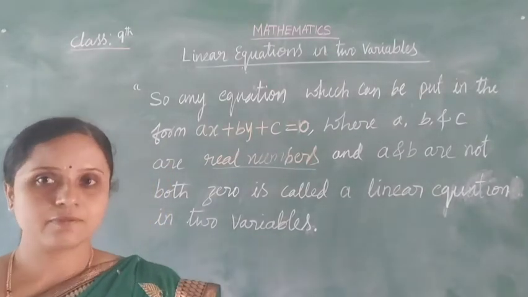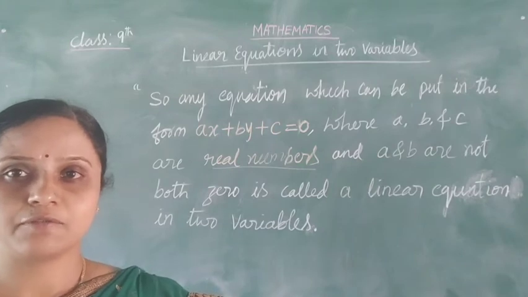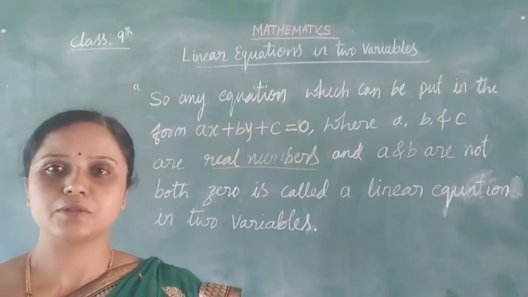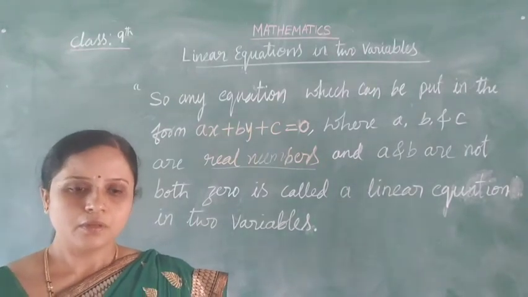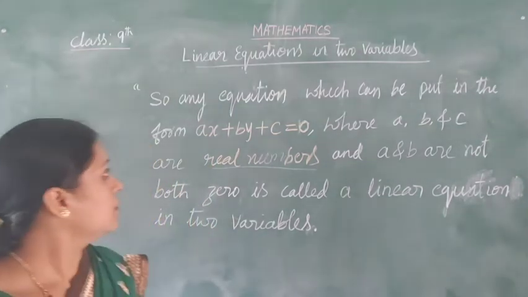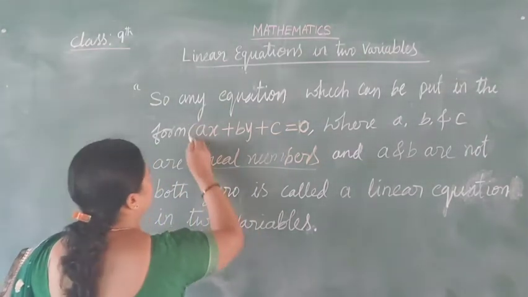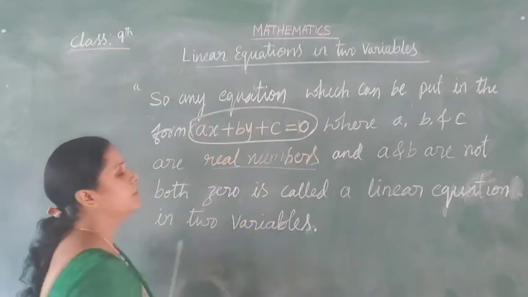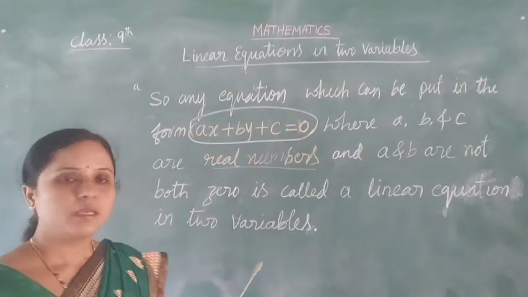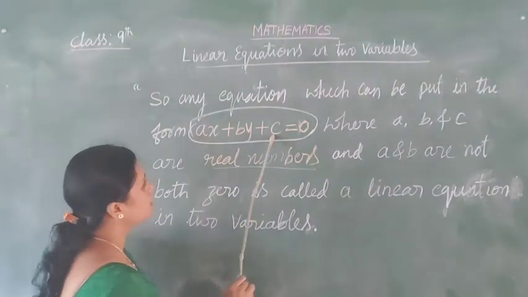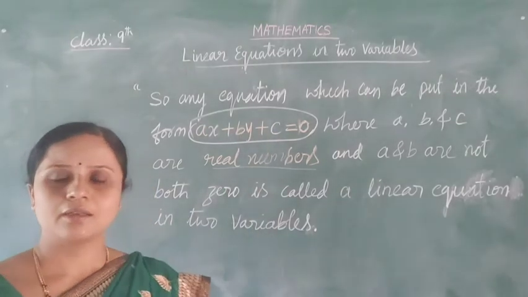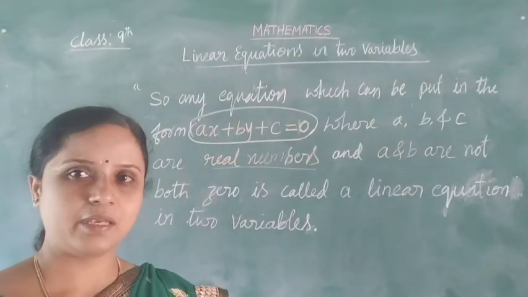This is the final conclusion and final definition of linear equations in two variables. Here a, b and c are real numbers. You put any real number in place of a, b and c.